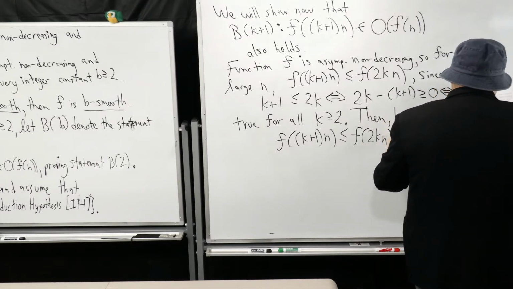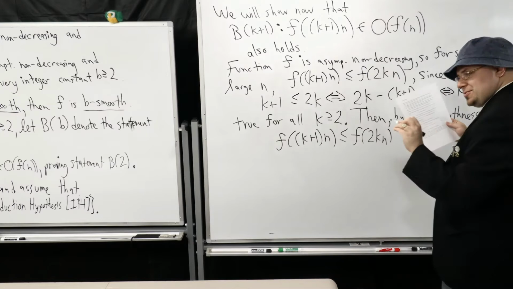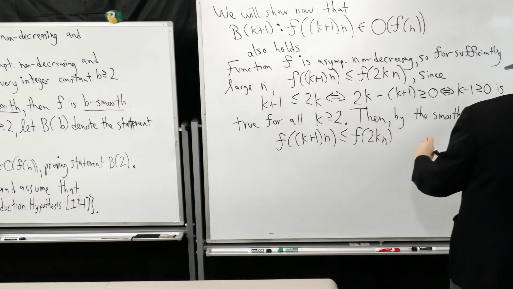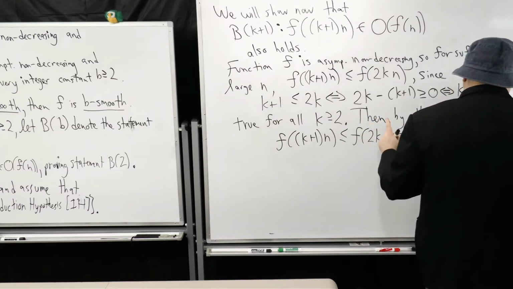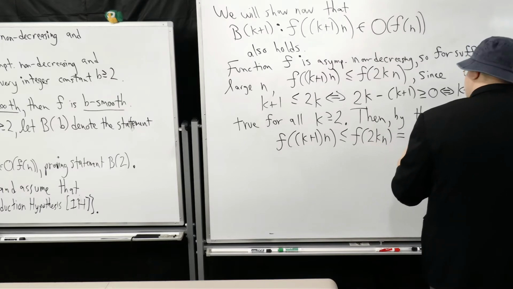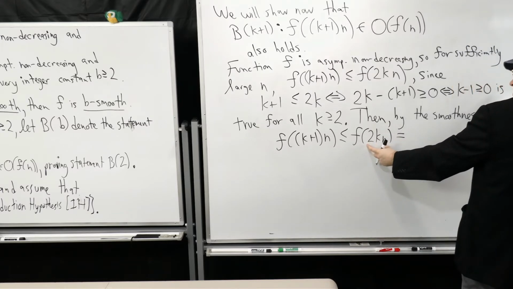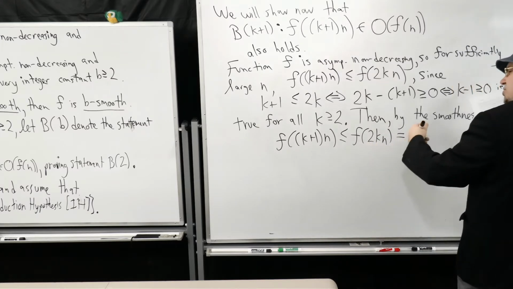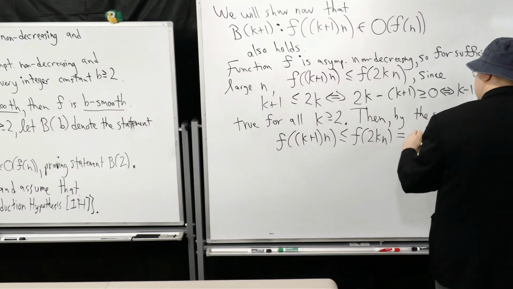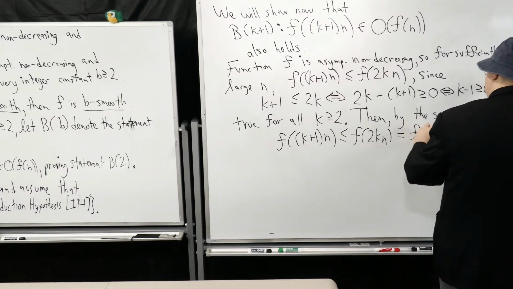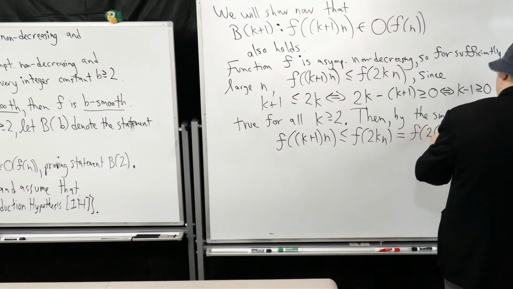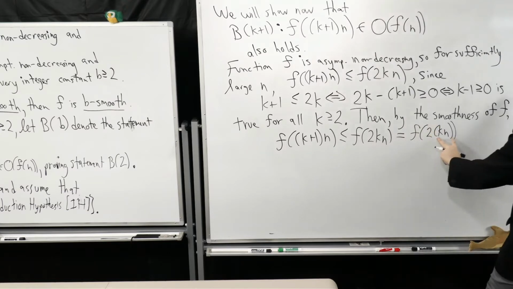But now this is where I'm going to get a little slick here. So just read this very carefully. You'd agree with me that this right here, I'm going to rearrange the terms, just associate them a little differently. So this would be equal to f of 2 times (kn), where these are in parentheses.